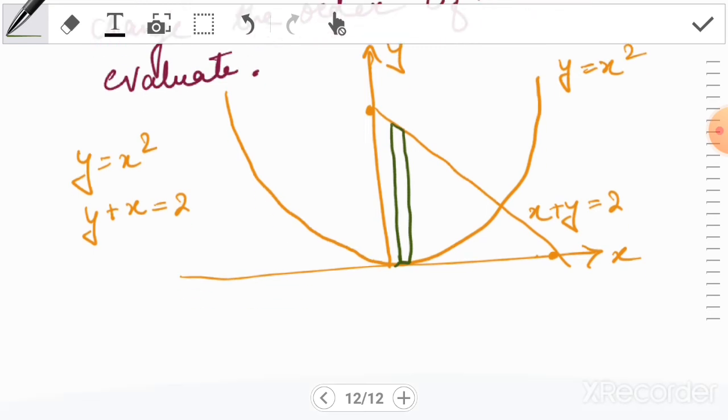Okay, so we have to find the horizontal strip.